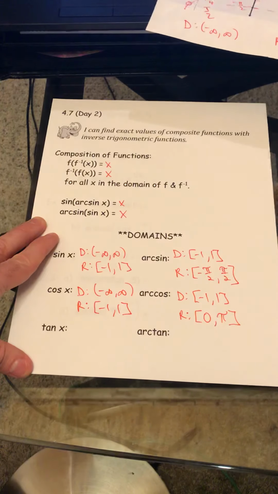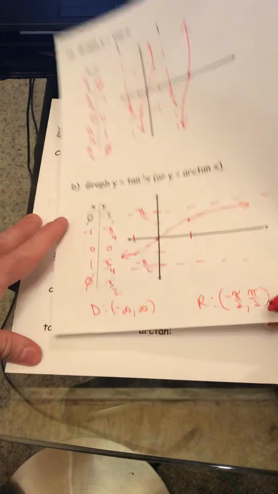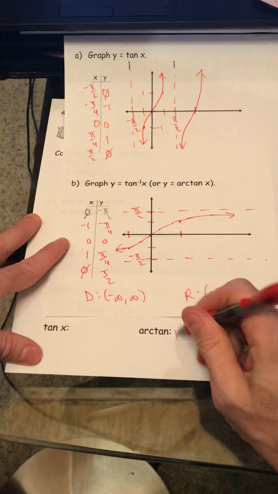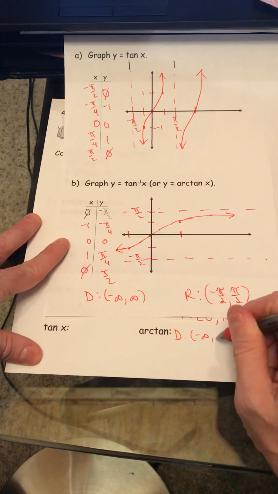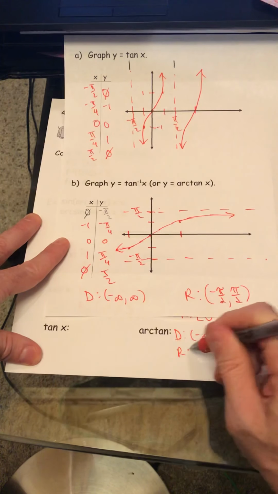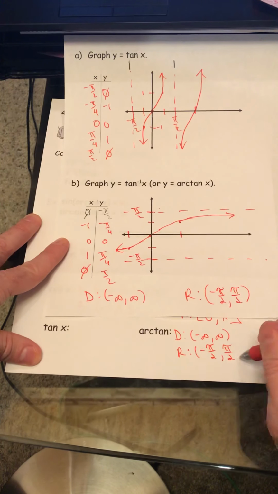And then for tangent, let's go ahead and at least list the two that we already have. For arctangent, domain is negative infinity to positive infinity, the range is -π/2 to π/2.